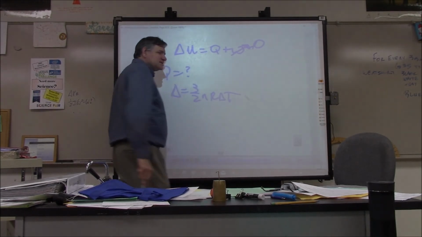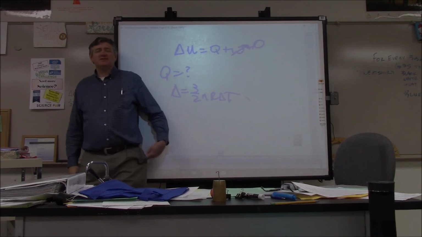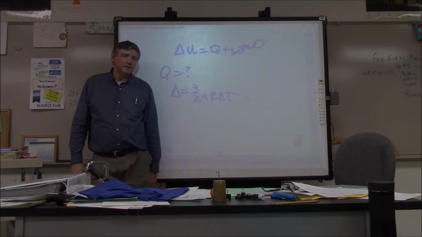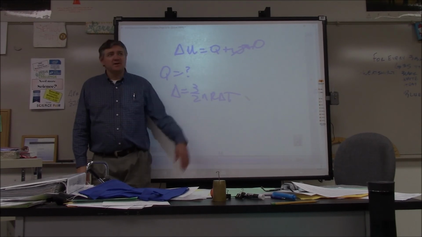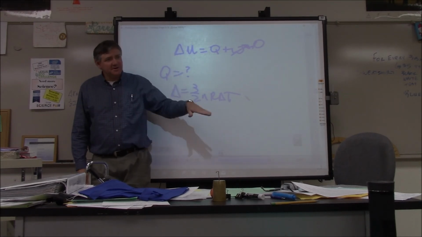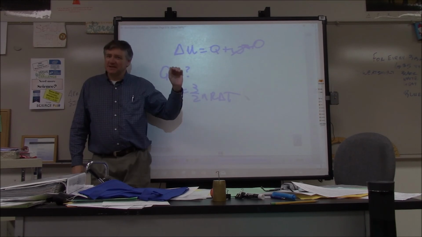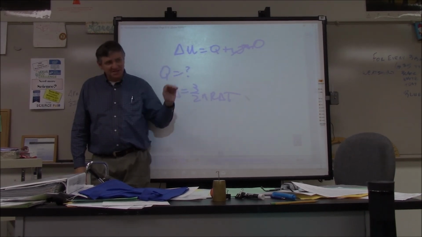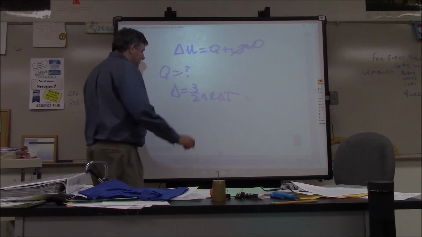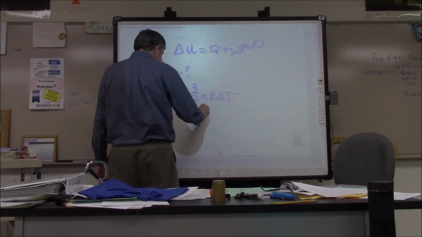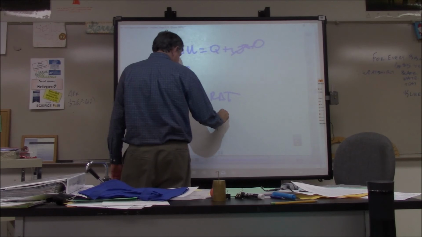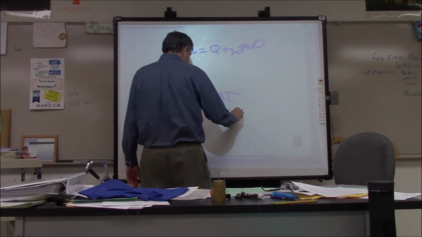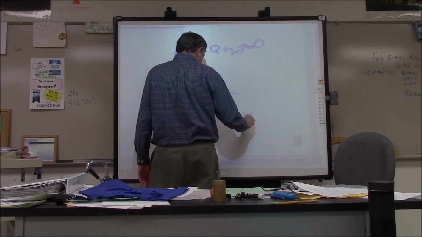Now, again, before you touch a calculator, is delta U going to be a positive or negative number? Negative. Why? You went from Dash to Crash. Temperature is going to go down, right? So, I got 3/2 times 0.100 moles, times an R of 8.314.